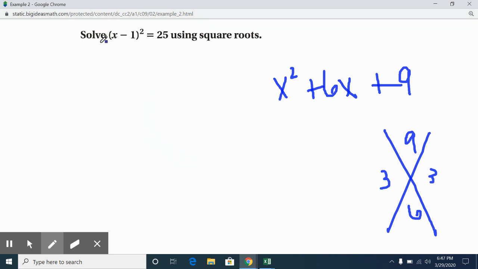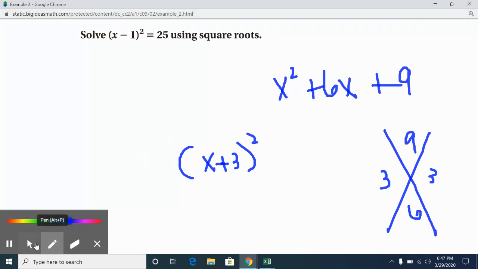So instead of writing x plus 3 twice when factoring, we'd actually just write x plus 3 squared. That's essentially what this is. They've already factored a polynomial and ended up with x minus 1 squared, just like we did here. But now it's set equal to 25, and they want us to solve this. That's just a quick reference of where this comes from.